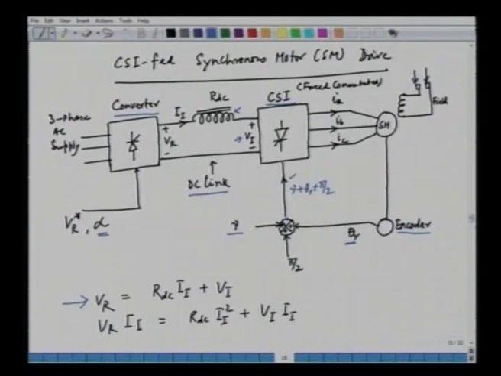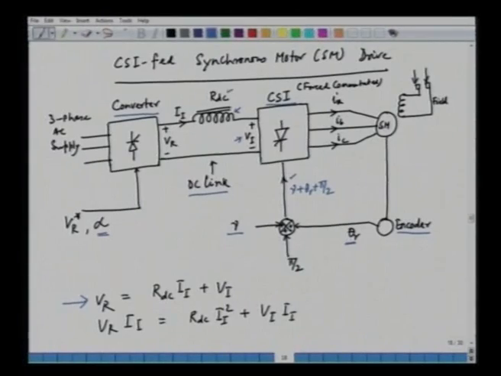The inductor that we are using can have a resistance, that is RDC. RDC is the resistance of the DC link inductor, and RDC into II square represents the loss in the inductor, plus VI into II, that is the input to the CSI.